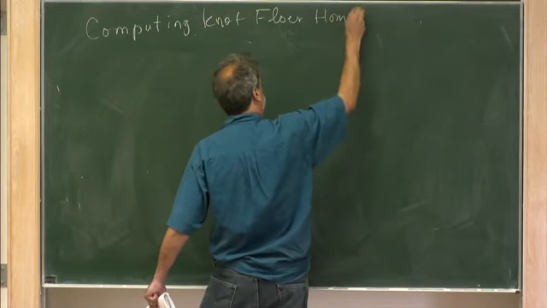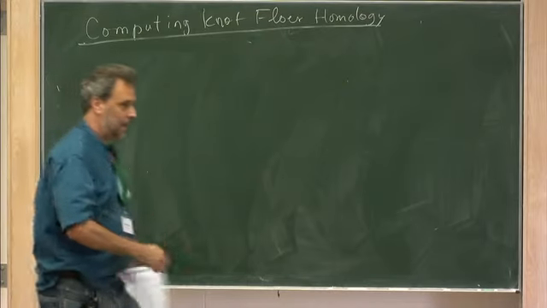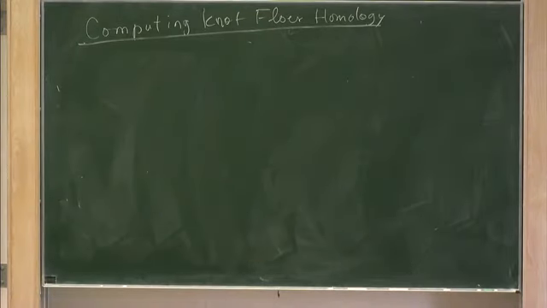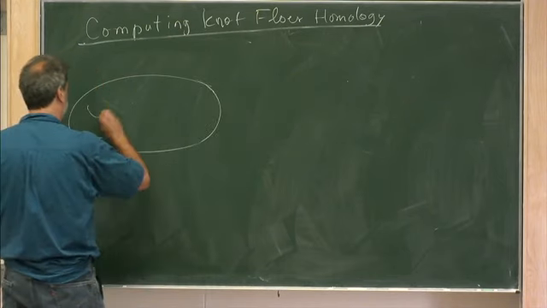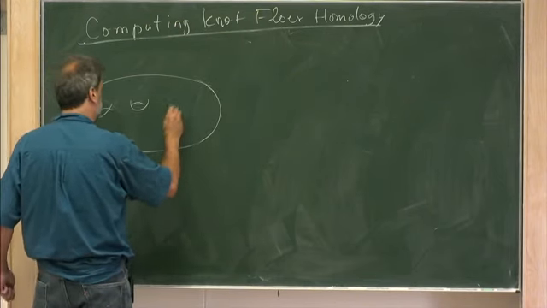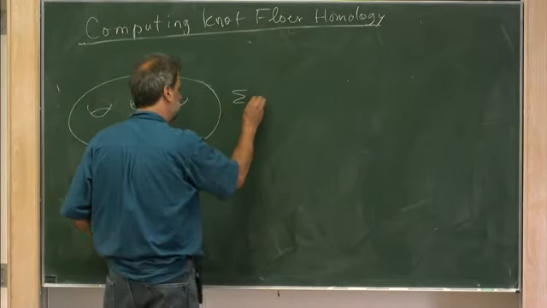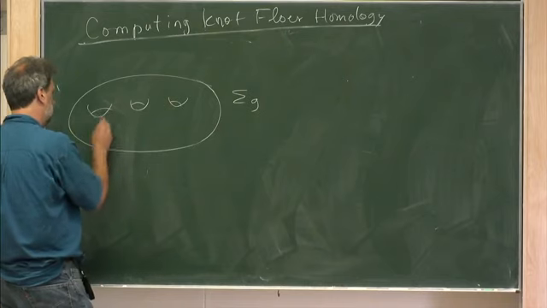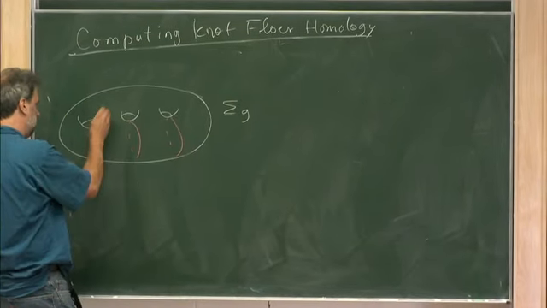As Zoltan explained, a knot in a three-manifold is specified by a Heegaard diagram, which is a surface of genus g equipped with g red circles and g blue circles.